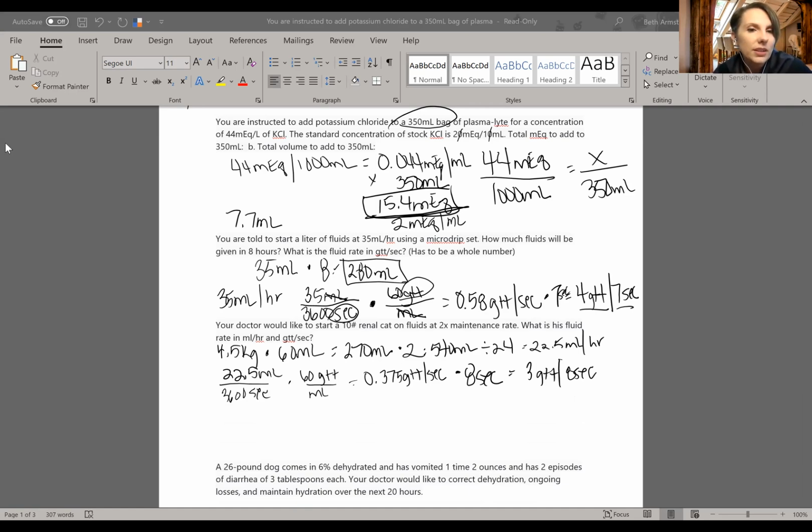And then dogs is slightly different, where we multiply by 132. So technically it is for cats.